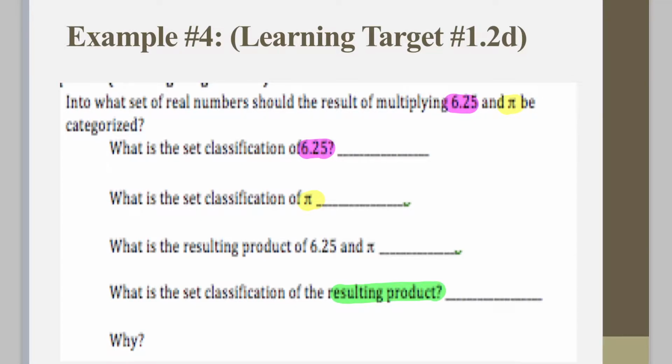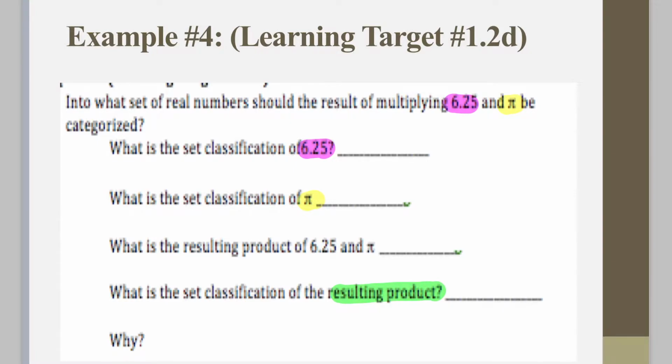And so thinking about 6.25, we see that it is a decimal, and decimals are categorized as either rational or irrational numbers. And the definition of a rational number is a decimal or a fraction written in decimal form that either terminates or repeats.